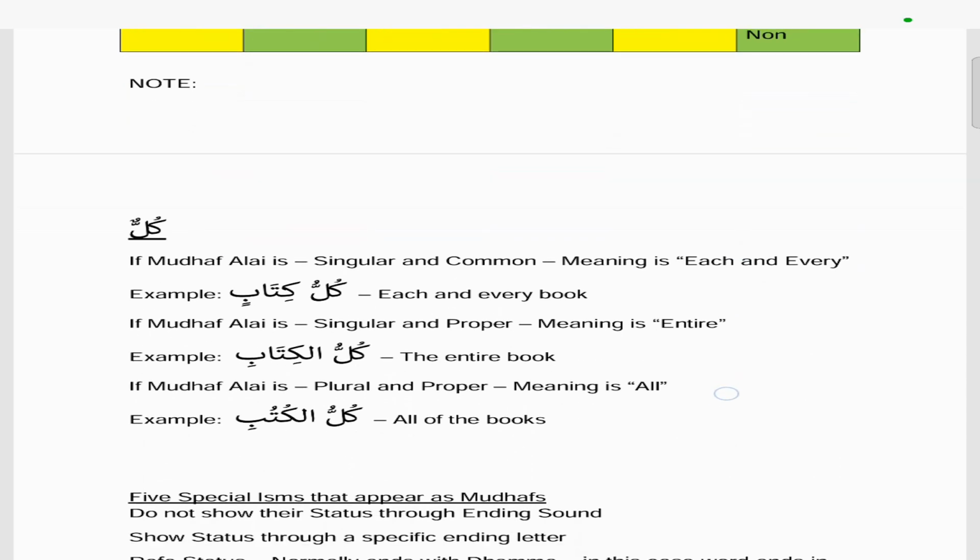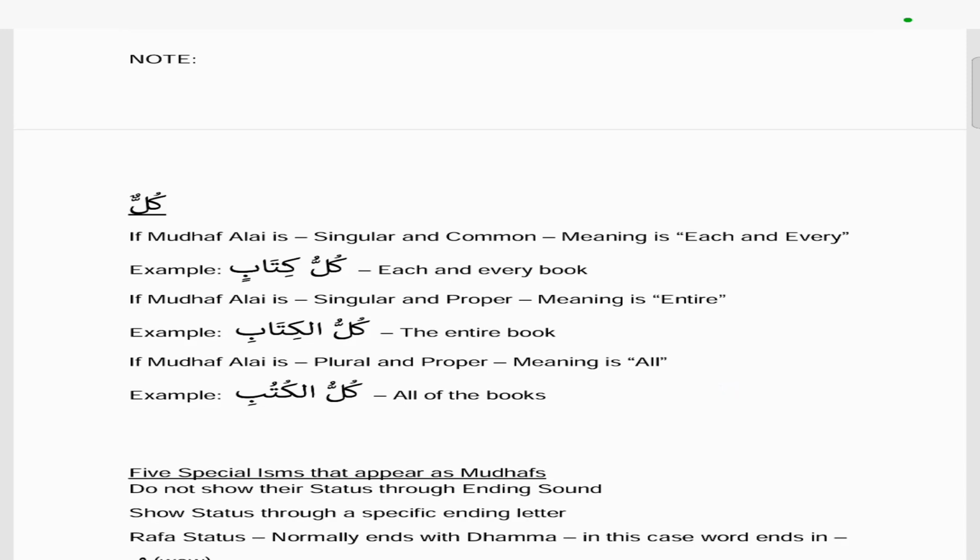For kullun, if the mudaf ilay is singular and common, the meaning will be each and every. For example, we've written here kullu kitabin. The word kitabin is jar because it's a mudaf ilay, but it is singular and common, so there's no al on it.